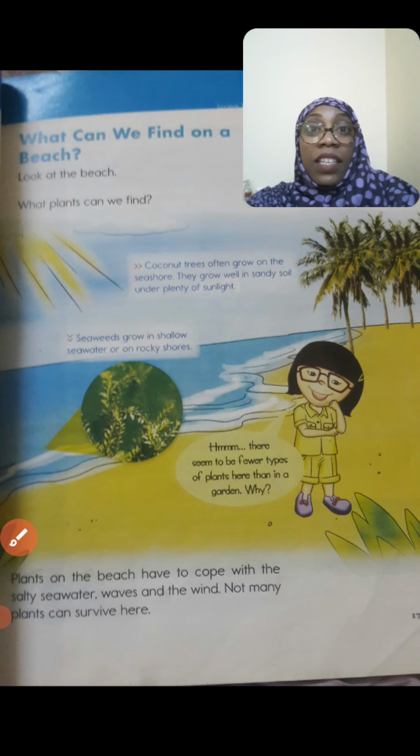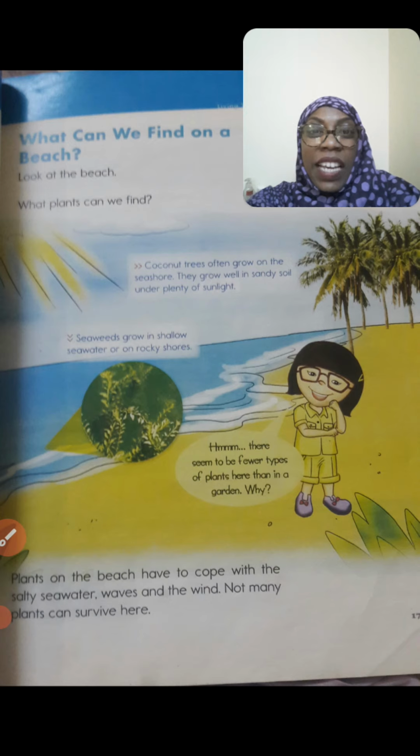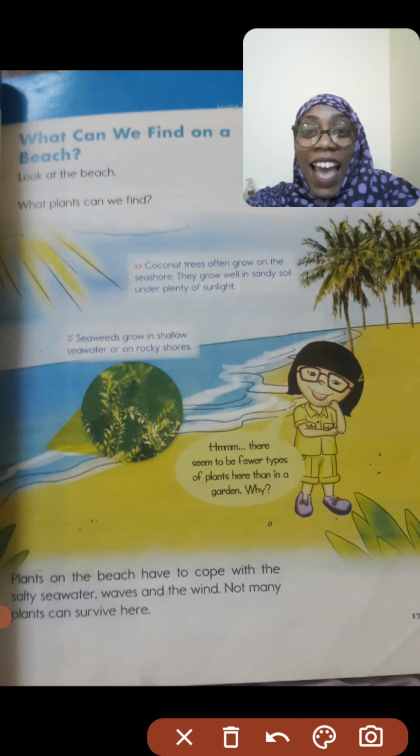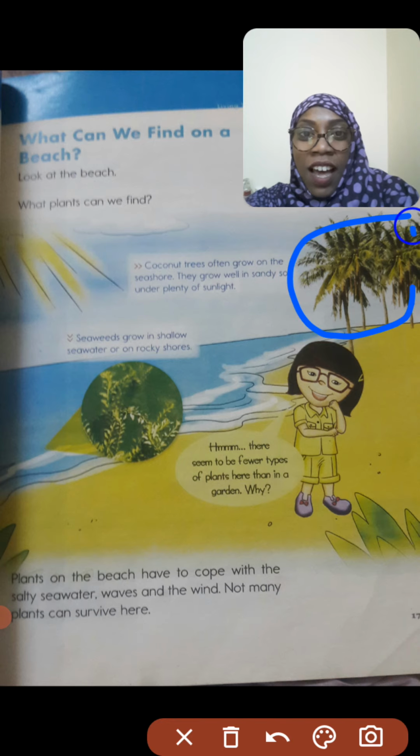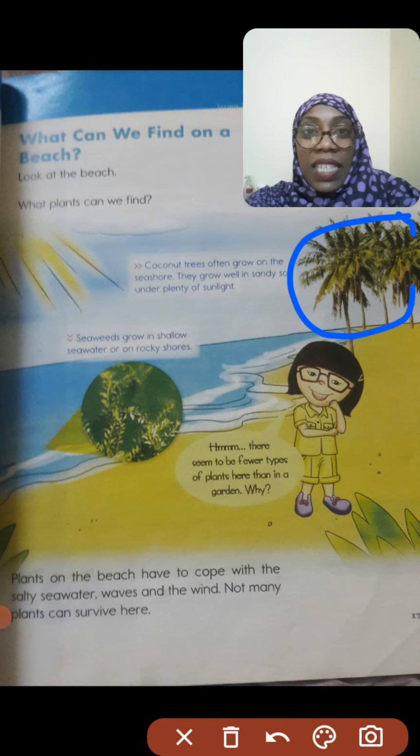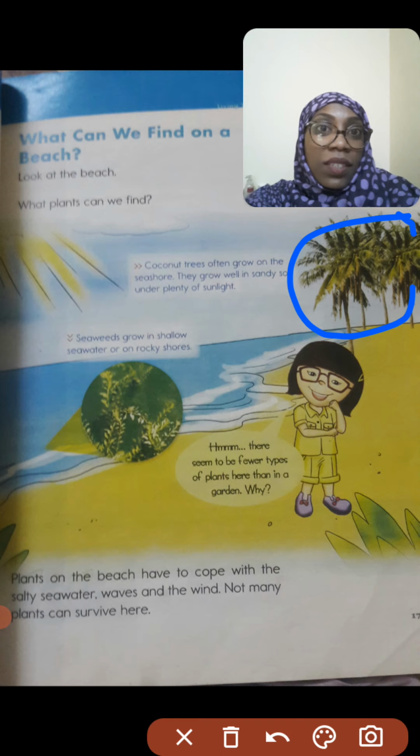What do you see in this picture? We can say long trees. Where are they? Can you point to them for me? I will point to them before you. This place. Good job. So this is a kind of tree called coconut tree.